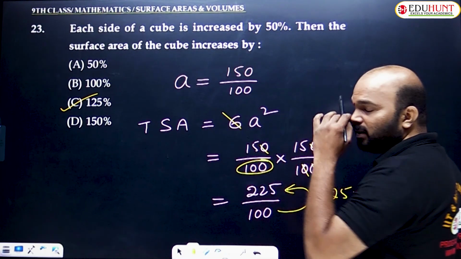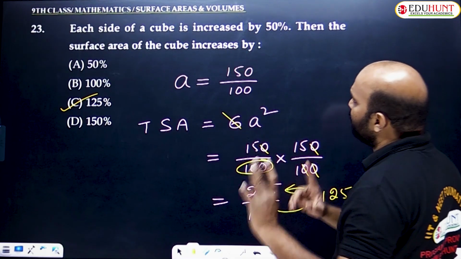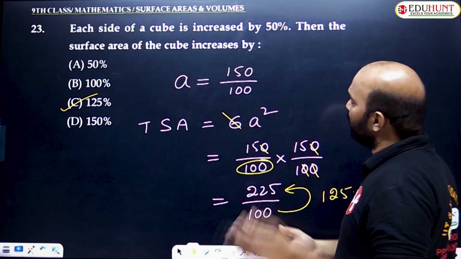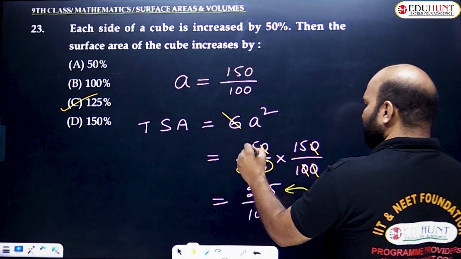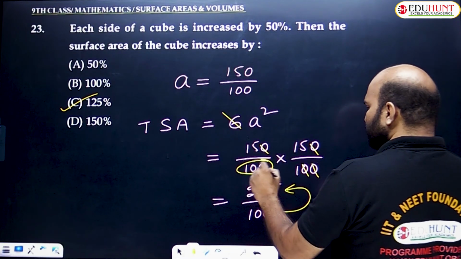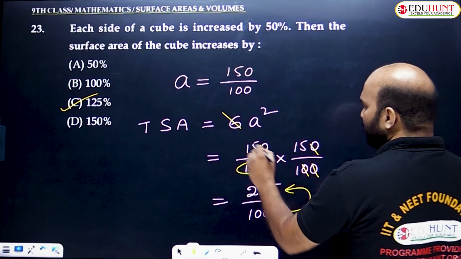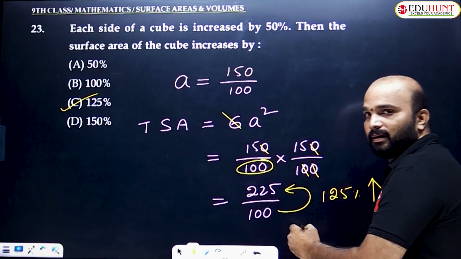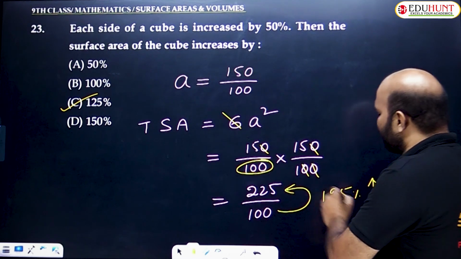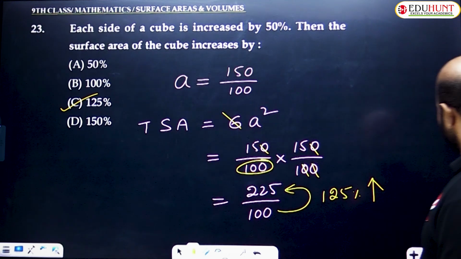Eliminate the 6 first, because I already told you, if asking percentage changes in area or volume, constant values are eliminated. So a square is 150 by 100, 150 by 100. In the denominator 100 is fixed, 15 into 15 is left, 225 is left. So out of 100 it will become 225. So how much increase? The difference is the required answer, 125%. Option C is the right answer.